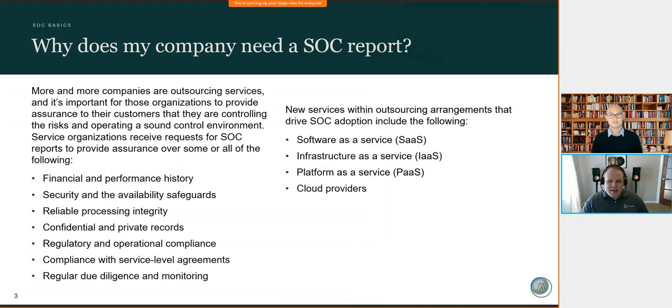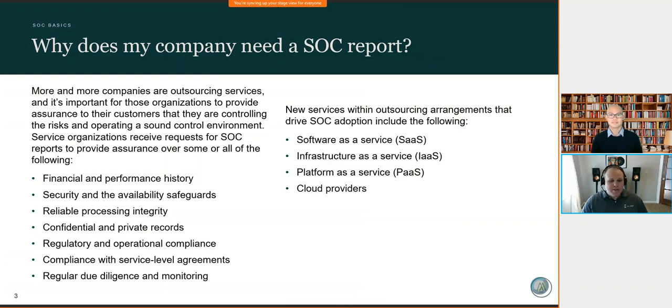A question that many times gets asked is, why does my company need a SOC report? In today's business environment, we see that more and more companies are outsourcing particular services. It's important for those organizations to provide assurance to their customers that they are controlling the risks and operating a sound control environment.